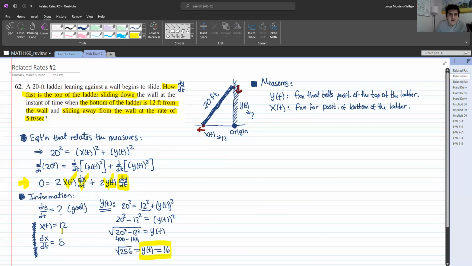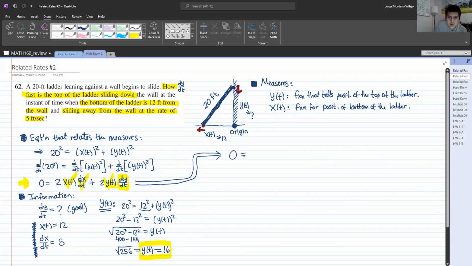Then we have what was missing, right? So we can come back and rewrite this equation over here, plugging in the numbers that we were given in the problem, and also what we just found.